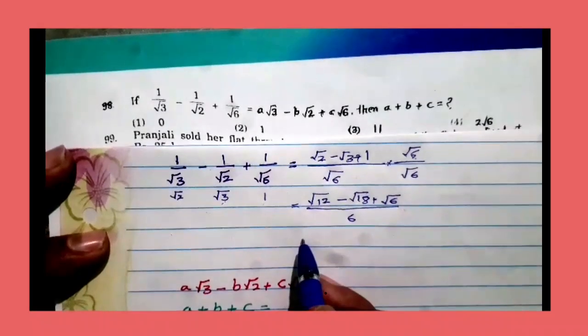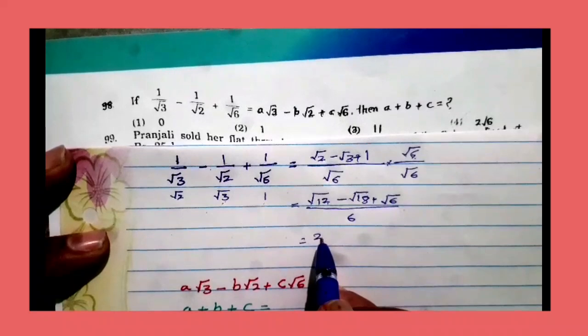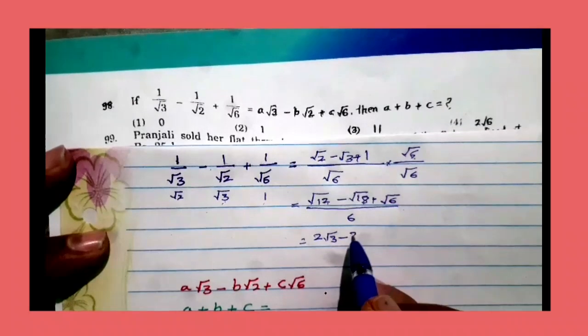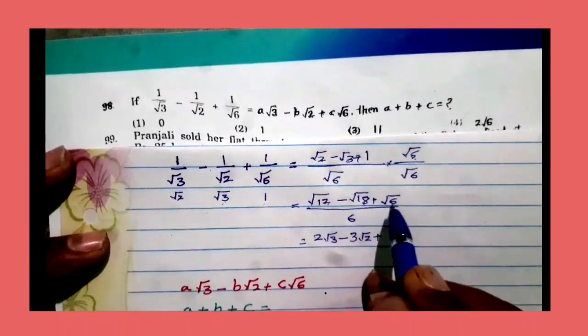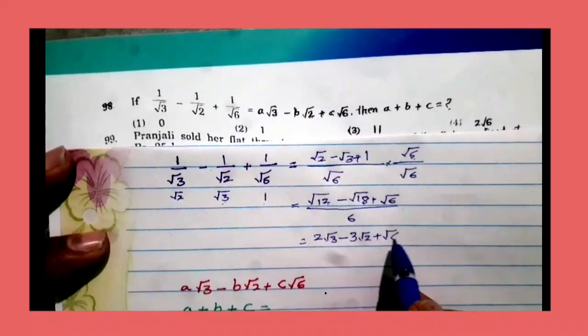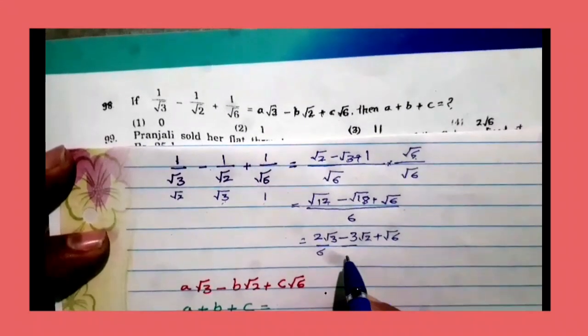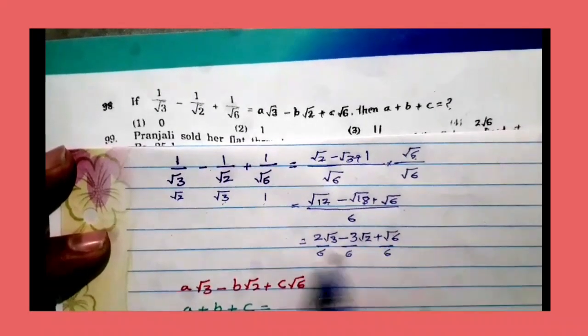Now 12 by 4, 4 into 3, is equal to 2 root 3, minus 18 by 9, 9 into 2, is equal to 3 root 2, plus root 6 upon 6.